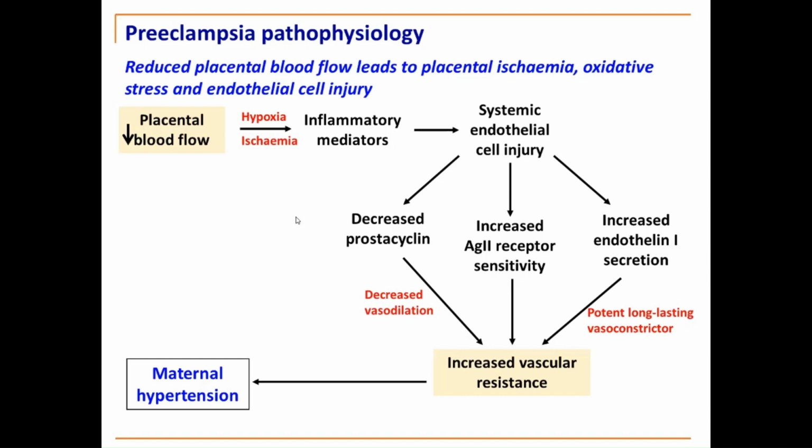Now, prostacyclin is a vasodilator, and with a decreased level of prostacyclin, we get decreased vasodilation, and in essence that means we're getting an increase in our total peripheral resistance and therefore maternal hypertension. And of course, that increase in our vascular resistance means we get a decrease in our placental blood flow, which means we get hypoxia and ischemia, inflammatory mediators, and you have this vicious cycle of damage to the placental unit.